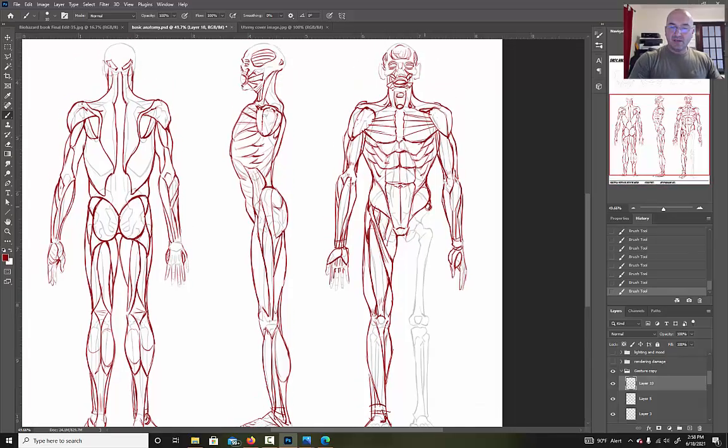So from this bone to the interior, bring it up a little higher. Bring it out a little bit more. Top of the kneecap.